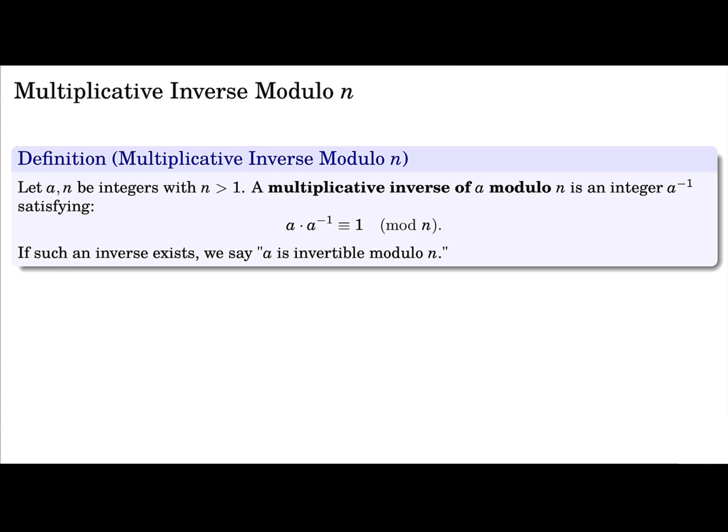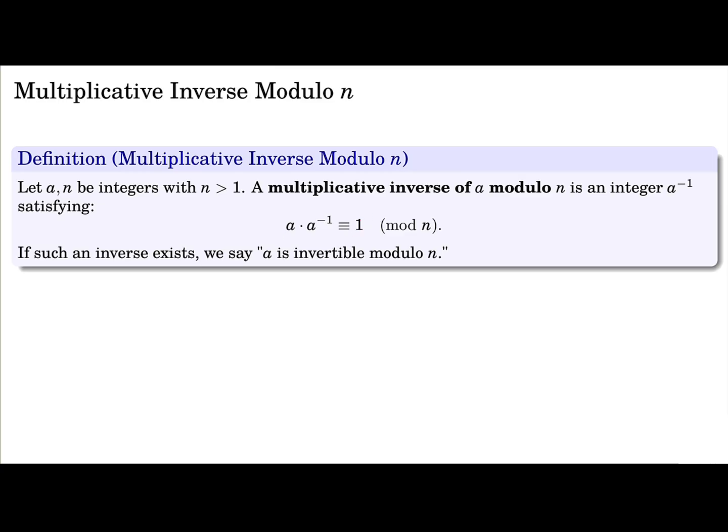So what is the multiplicative inverse modulo n? If you have a and n integers with n larger than 1, the multiplicative inverse of a modulo n is the number that satisfies the property that when you multiply it by a, you get 1 mod n.